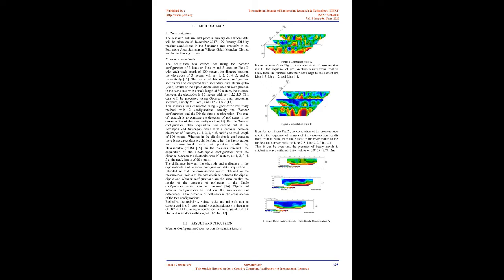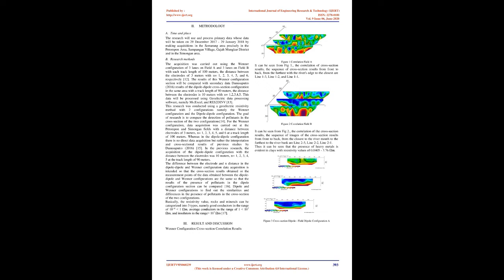For the geoelectric method that aims at mapping, there are 2 configurations, namely the dipole-dipole configuration and the Wenner configuration. This study also aims to look for pollutants and compare them with the results of pollutants obtained in research by Danusaputro, 2016, with the dipole-dipole configuration. By looking at the results of the cross-section of the 2 configurations, we can compare how the presence of pollutants in the area.